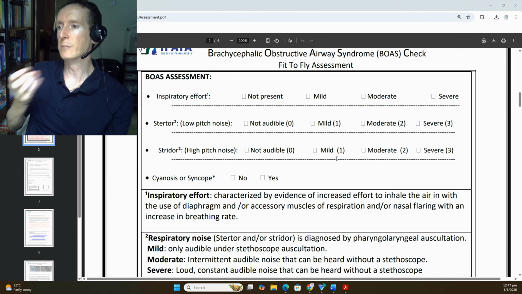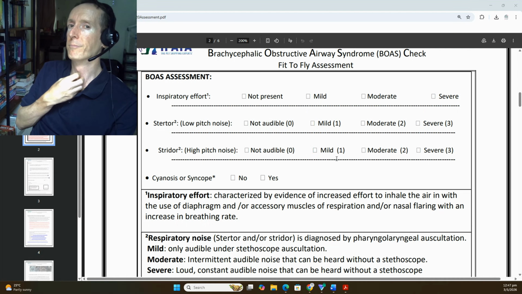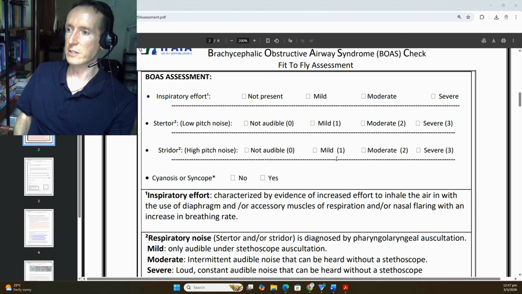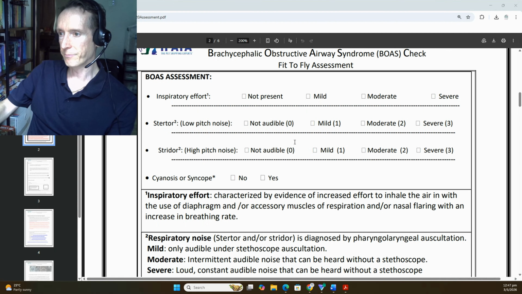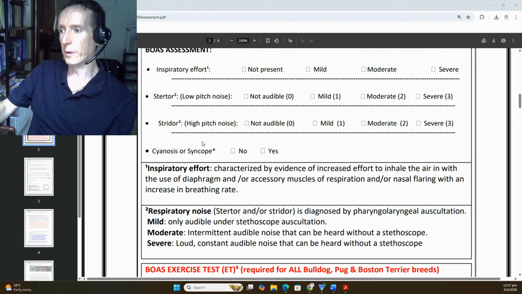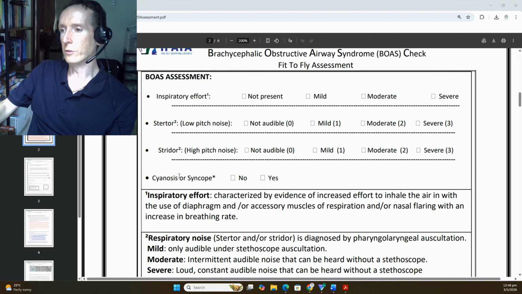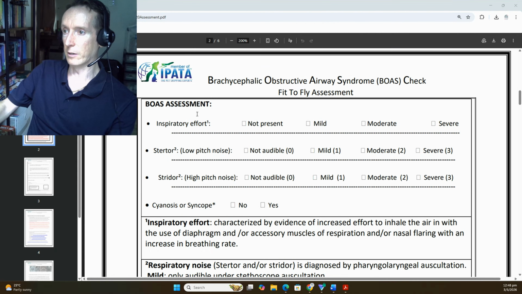So this is putting the stethoscope on the chest or on the windpipe to listen to this sound. They grade the squeaky sounds, and they grade the lower pitch sounds, and they have to comment on whether or not your dog basically faints or turns blue, which of course shouldn't be happening in a standard assessment because your dog's not done anything.